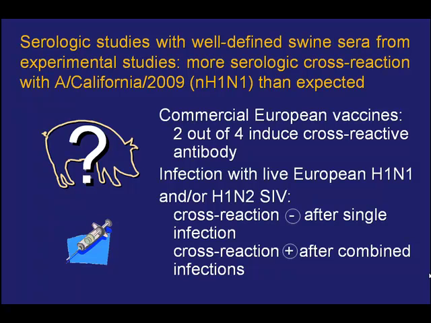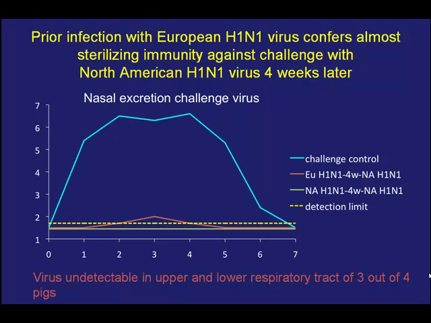And the general finding was that the higher the antibody titer to the European virus, the higher the chance for cross-reactivity with novel H1N1. So this is a mere serological study, and we continue then with a challenge study.